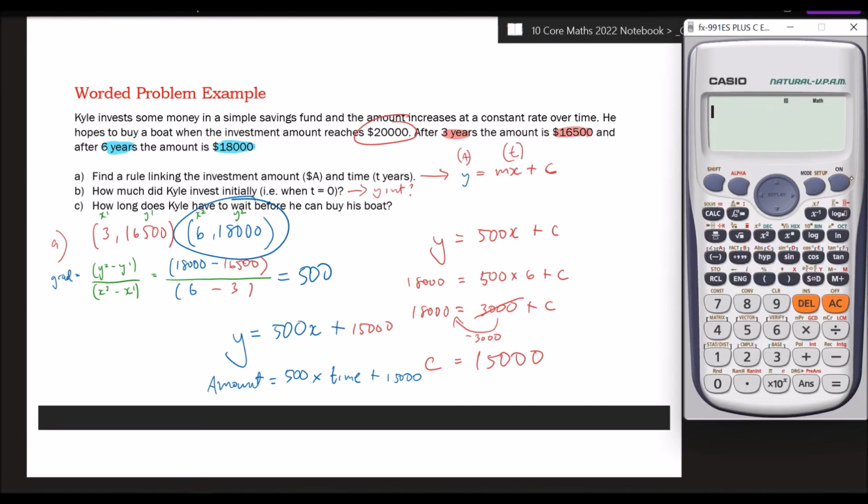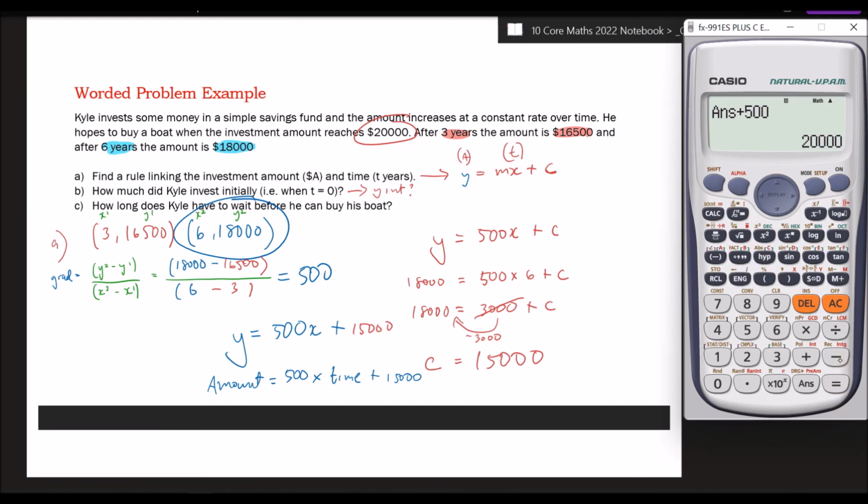If you remember recursion, 15,000 is the start and you're adding 500 each time. So you've got 1, 2, 3, 4, 5, 6, 7, 8, 9, 10. It'll take him 10 years.